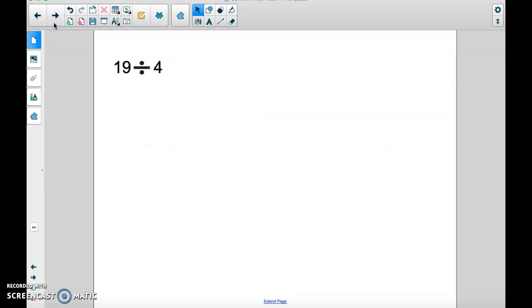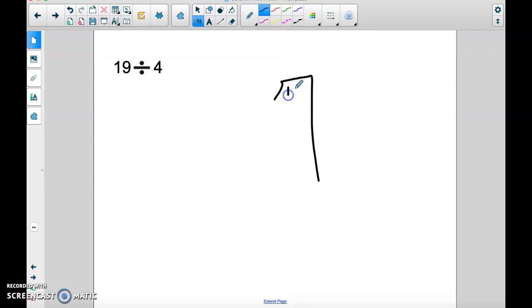So if we look at 19 divided by 4, we would solve it like normal, right? And maybe some of us don't need this, and that's totally fine because we're working on trying to do some of these in our head. Well, if I know I could do 3, and that's 12, subtract, and that's 7. Now I can only do one more.